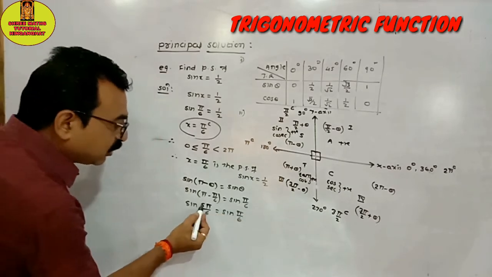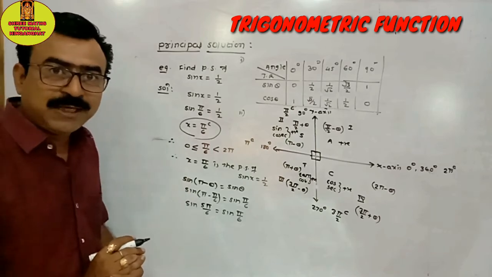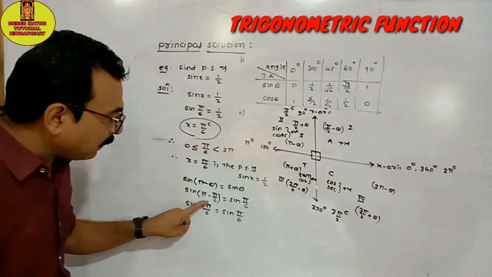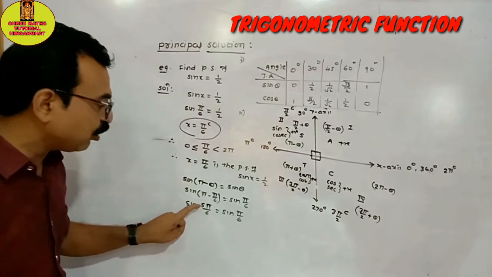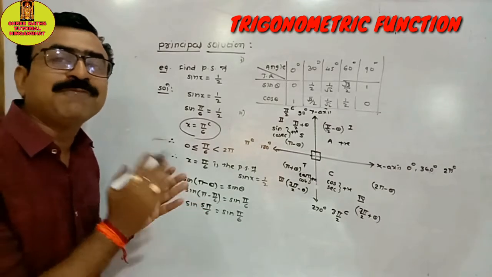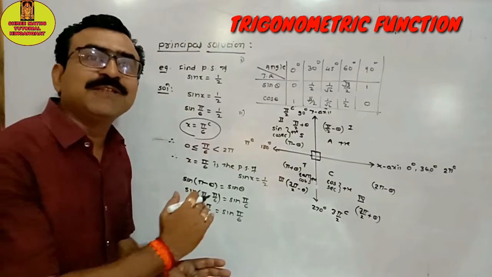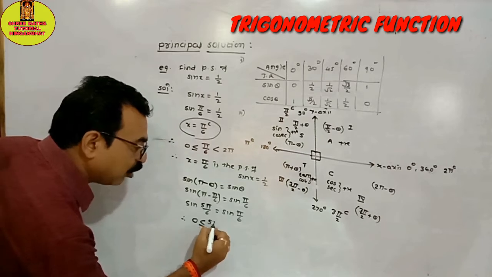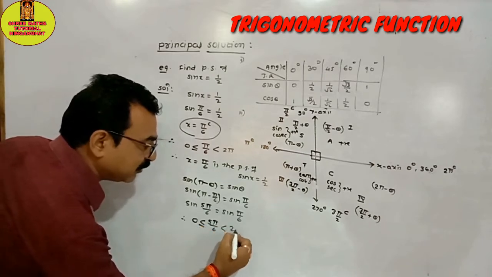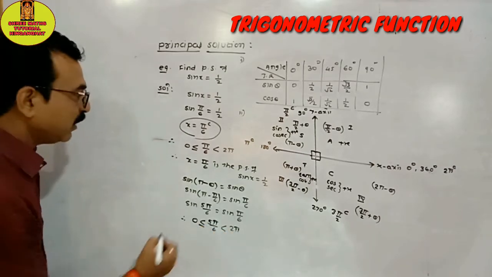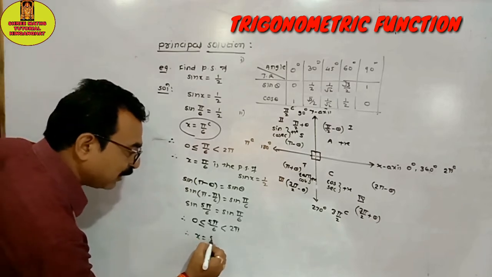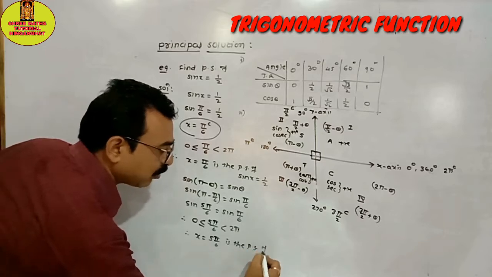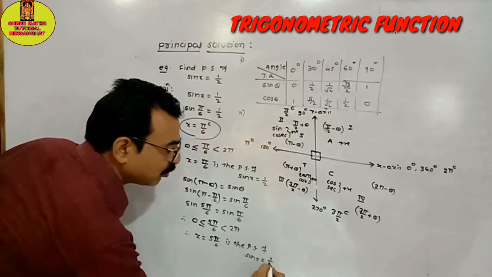Okay. So this 5 pi by 6 lies between 0 and 2 pi. So pi by 6 means 30, 30 into 5 means 150. So 150 lies between 0 and 360. So write down here, since this 5 pi by 6 lies between 0 and 2 pi, therefore x is equal to 5 pi by 6 is the principal solution of sin x is equal to 1 by 2.